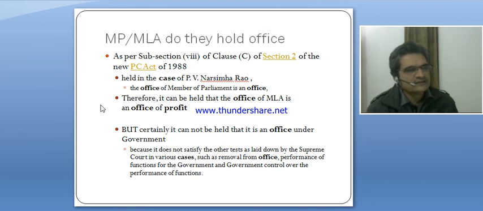But whether that office is an office of profit, no. The office of MLA is an office, because that interpretation has been given. If a person is an MLA, he holds an office, but that office is not an office of profit.